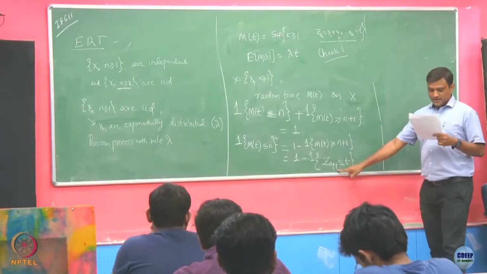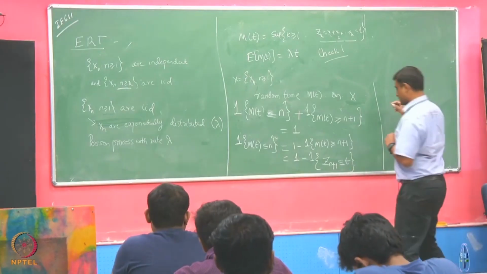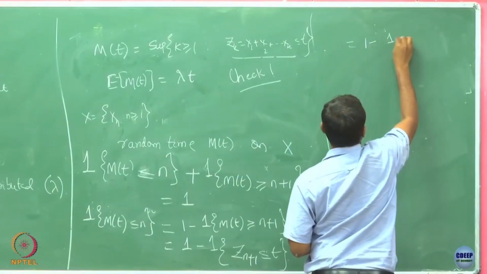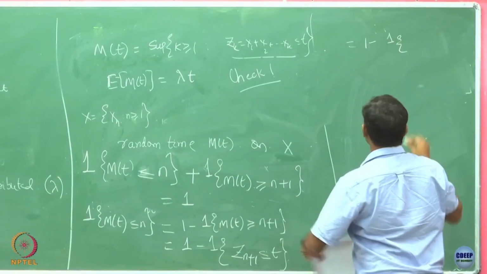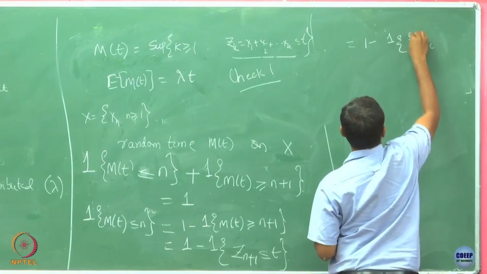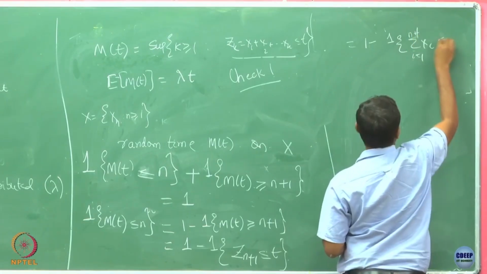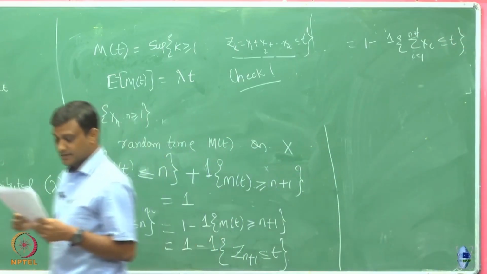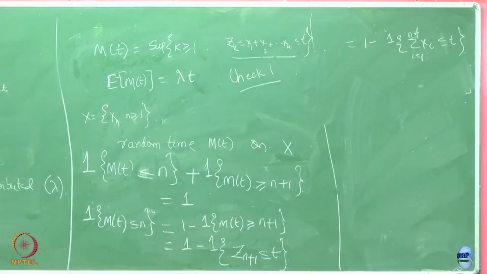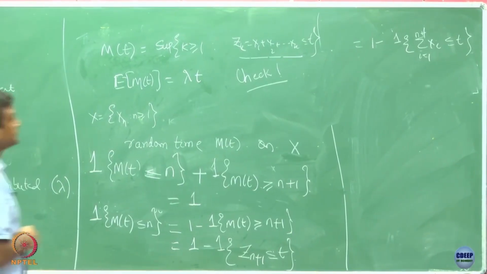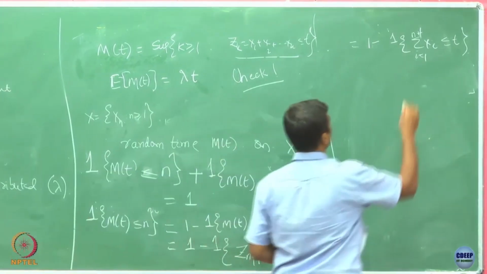Z n plus 1 is nothing but the summation of the first n plus 1 events. I have just applied the definition of Z, let's say n plus 1 here.